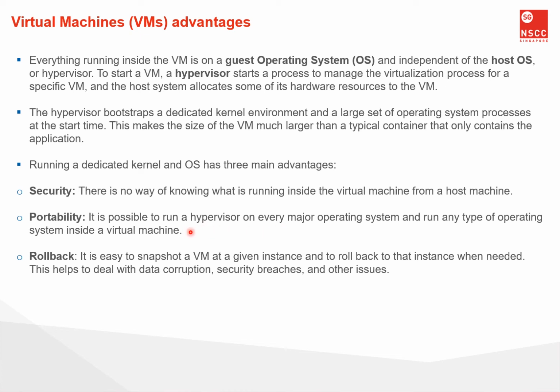It's possible to run the hypervisor on every operating system, including Mac, Windows, and Linux, and different types of operating system in the virtual machine. So it's a very portable way of doing things.